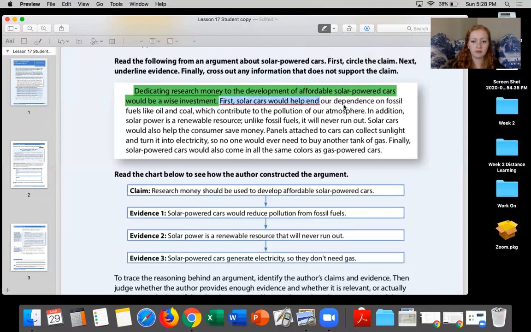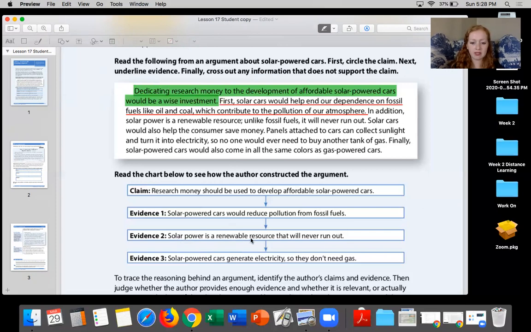There we go. Okay, so the claim is that solar-powered cars would be a wise investment. If it's going to cut down on pollution, that would be a good investment. We wouldn't have to depend on other fossil fuels like oil and coal that we have to pay for, so that would be a good investment.